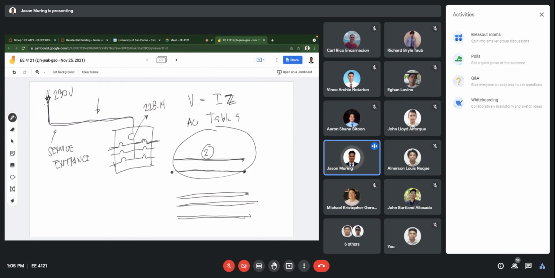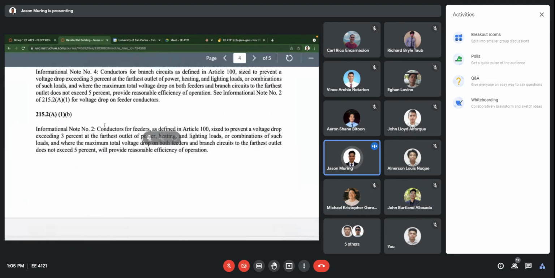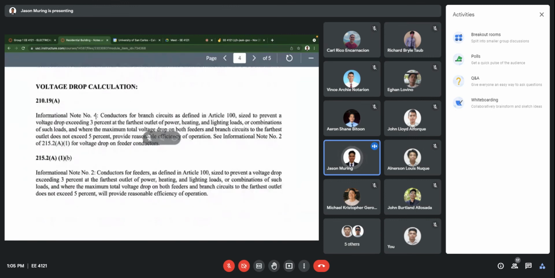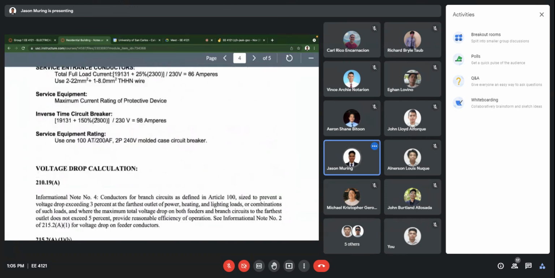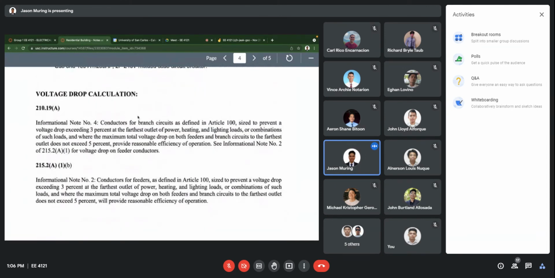Then for your voltage drop, your basis is the voltage of either of these conductors. I'll just give an example later, I'll just add it here. I will give the formula for voltage drop calculation if ever you encounter three-phase loads. But for our design, it is single phase, so we don't have to use it.